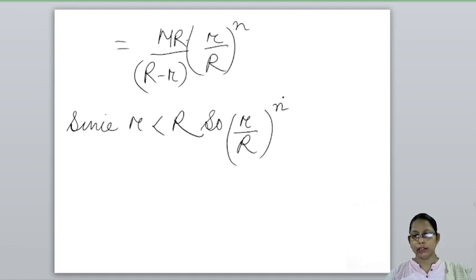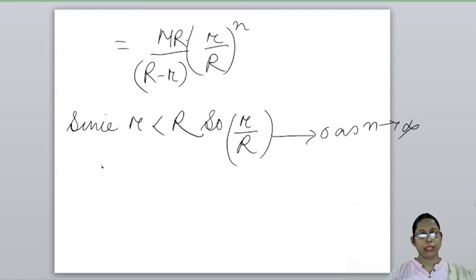So if I take n to the power n indefinitely large, this will converge to 0 as n tends to infinity. Therefore, S n converges to 0 as n tends to infinity.